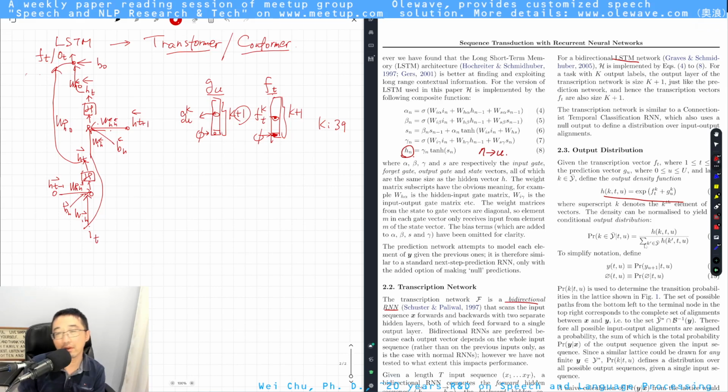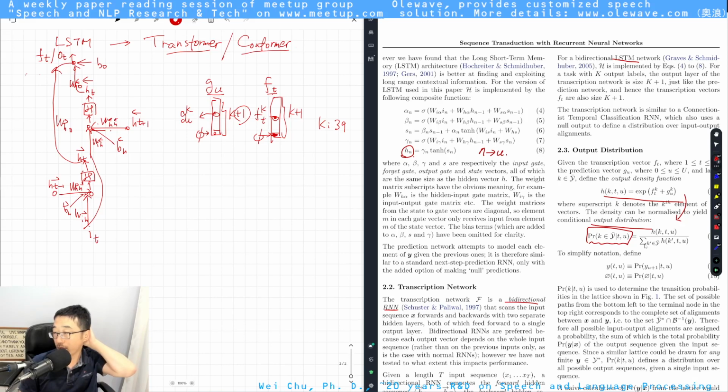If you're familiar with CRF, you see people do this a lot, or even in maximum entropy training or MMI training. So this is a normalization operator. By doing this, he could get this probability.